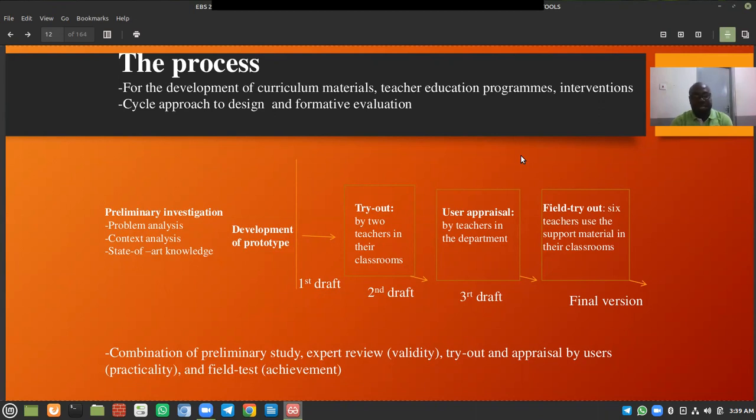Cycle approach to design on one side, which should, of course, be followed by the formative evaluation.